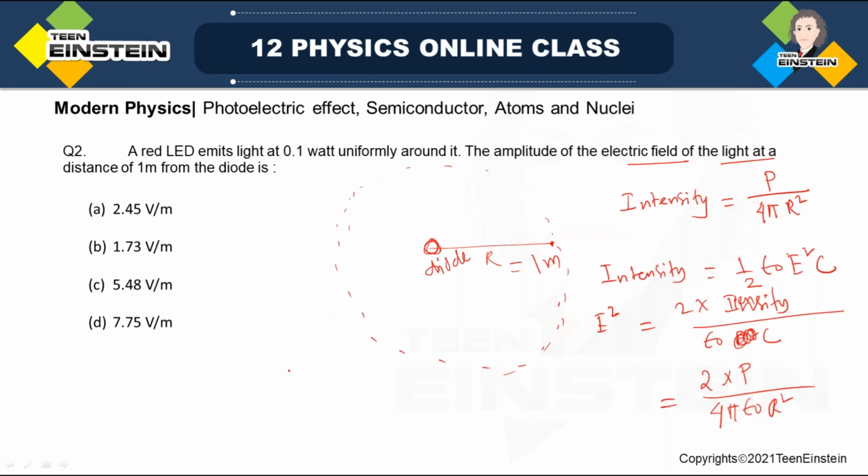Now let us calculate E. It is 2 into 0.1, the power in watts, divided by 4 pi epsilon naught into the 1 meter distance, which we take as the radius of the sphere.